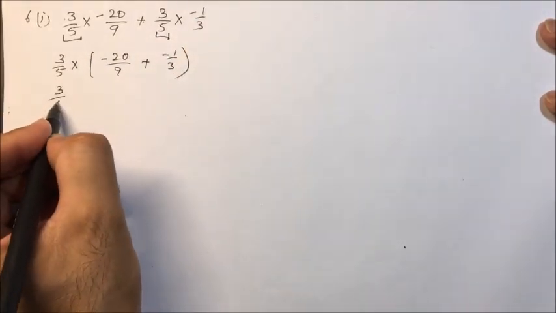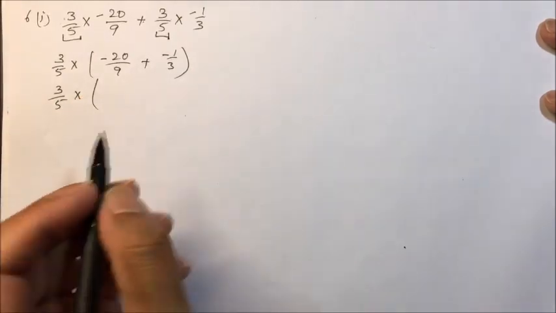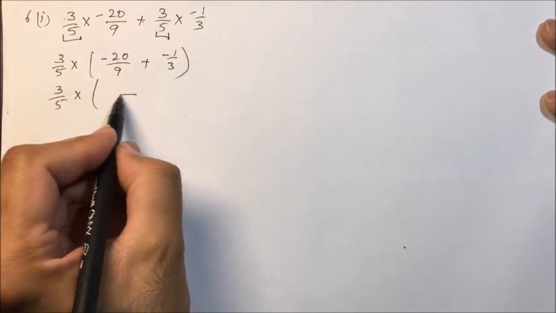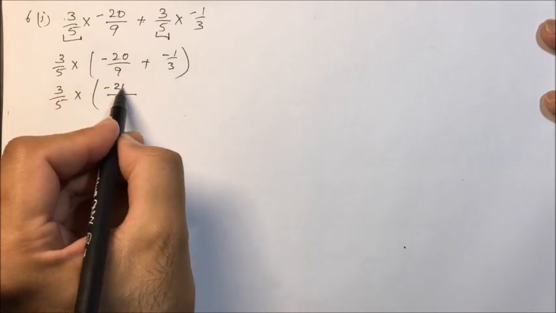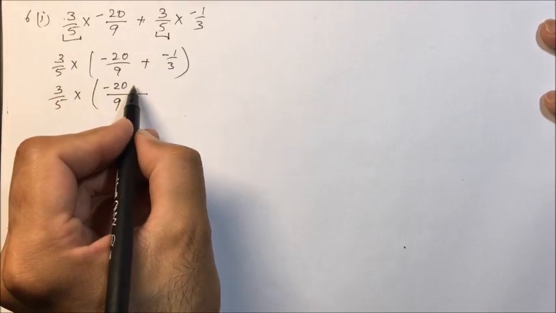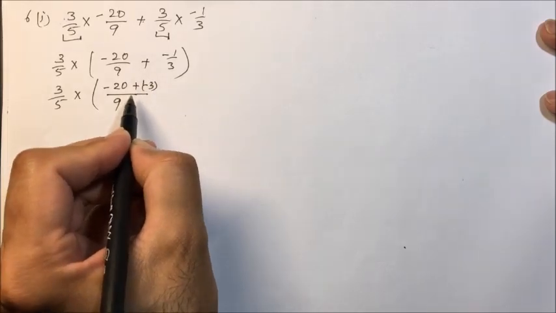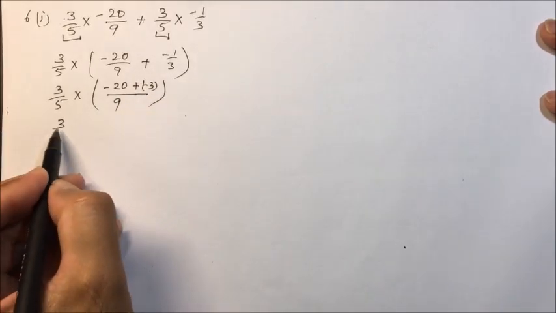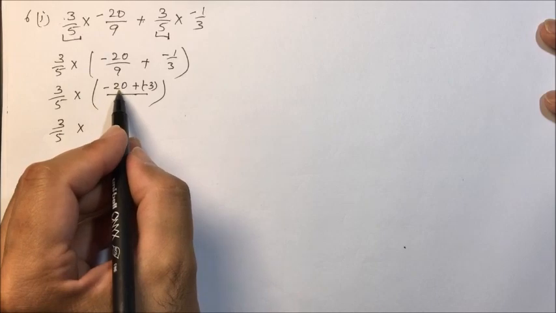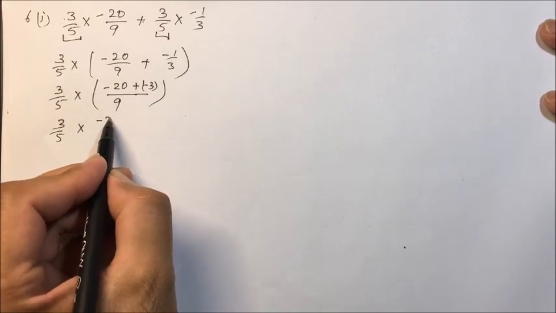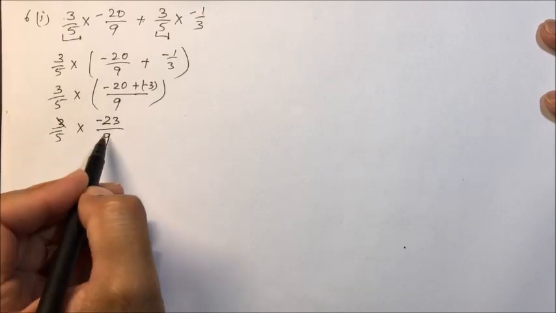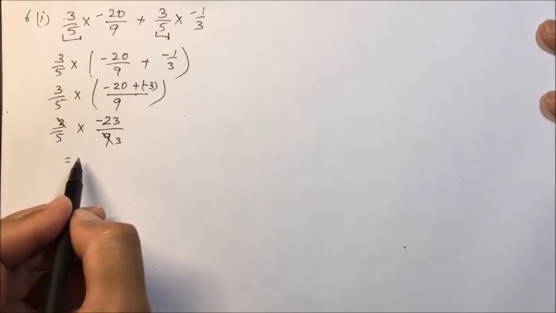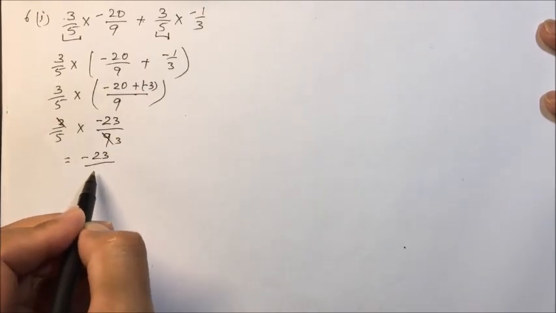Now we first solve the bracket. Here the LCM will be 9. Minus 20, 3 3s are 9, plus minus 3. 3 upon 5 into minus 23 upon 9. So 3 gets cancelled, 3 we have. The result is minus 23 upon 15.